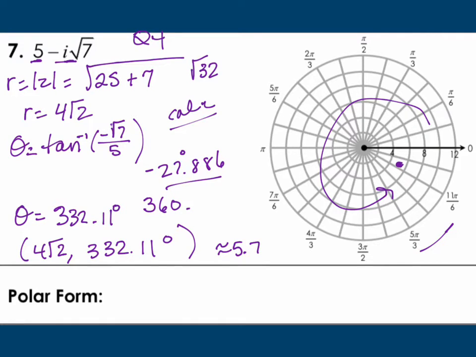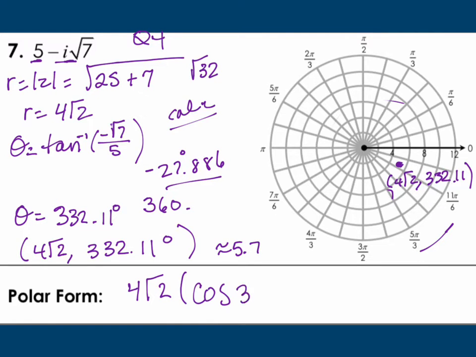So we'll say this is 4 square root of 2, 332.11. I like the other one better because you sure had a nice even number to graph. So what would be the polar form? It would be 4 square root of 2 cosine of 332.11 degrees plus i sine of 332.11 degrees. Okay, so that was this kind, and we just have one more kind left to go over.